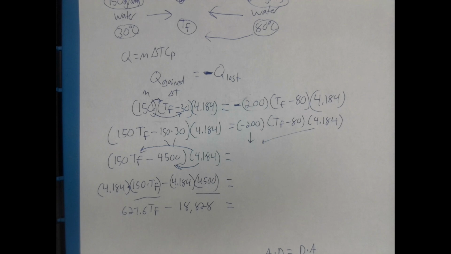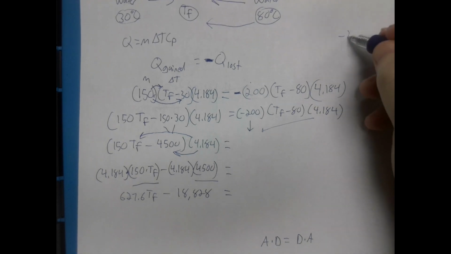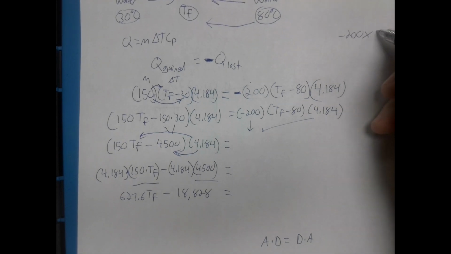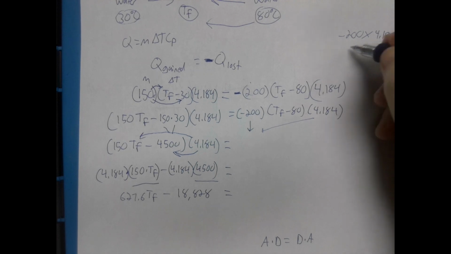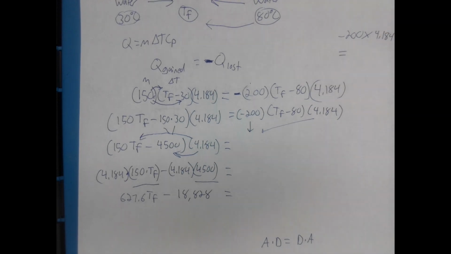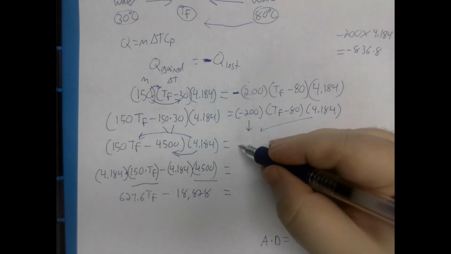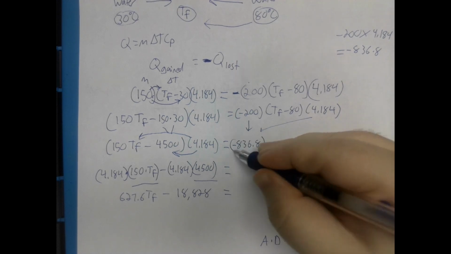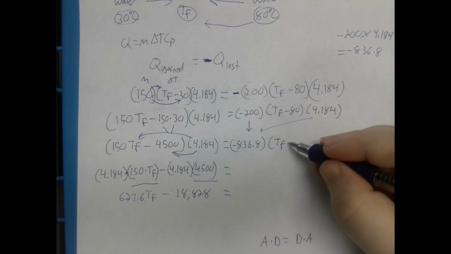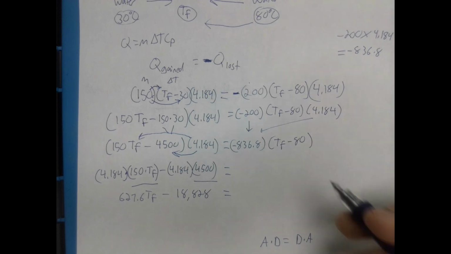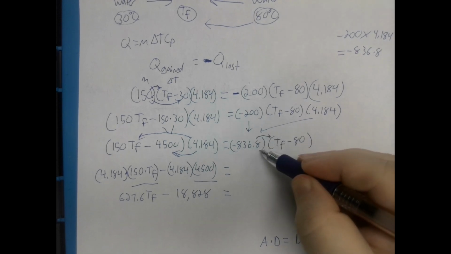So negative 200 times 4.184, that is equal to negative 836.8 times TF minus 80. And now I would FOIL this into each term.